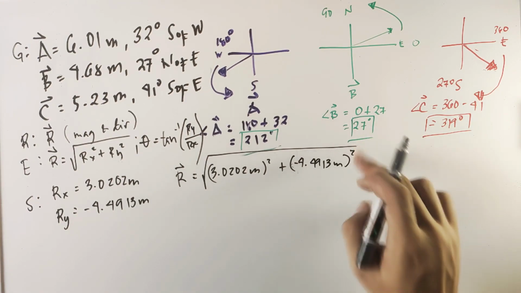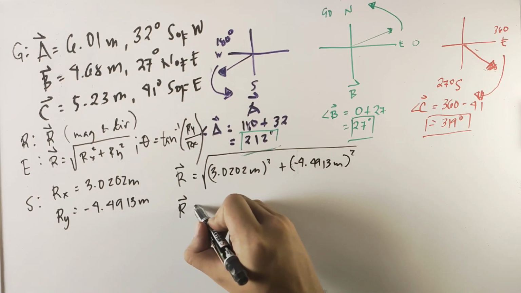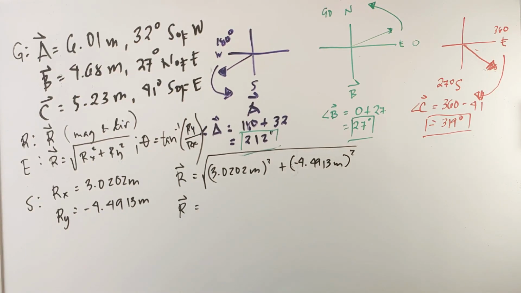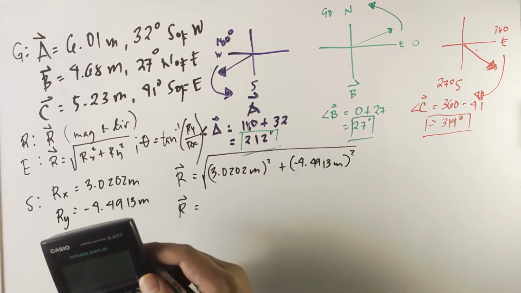Right? So if possible, kindly show the square of these two. Some of you might not have a calculator with natural display, so it would be better if you can show this.